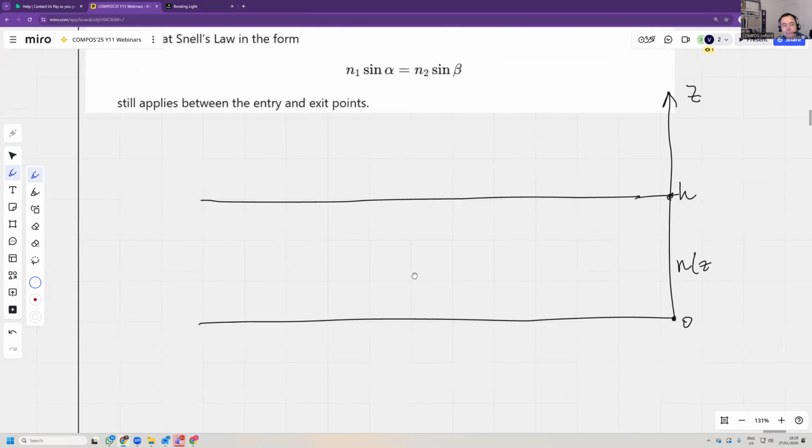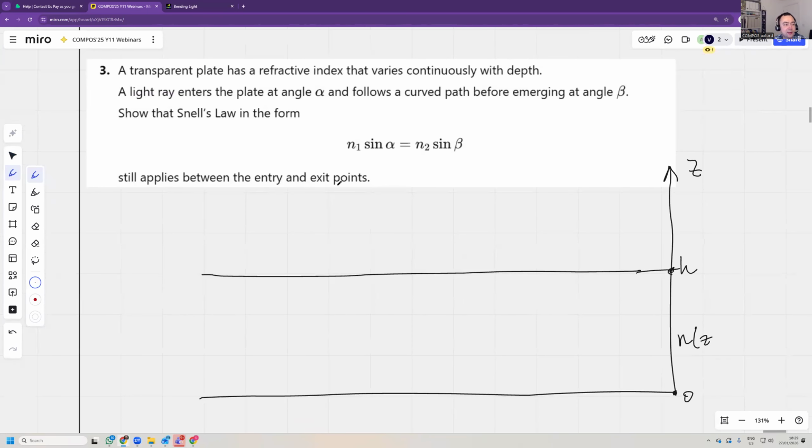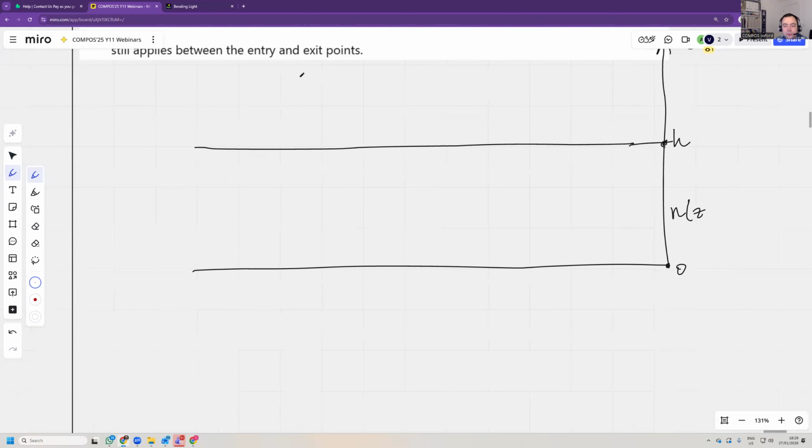Okay. And it says light enters the layer at a certain angle alpha, and then it follows the curved path. So we don't know how it changes, but in every layer it gets refracted a little bit.